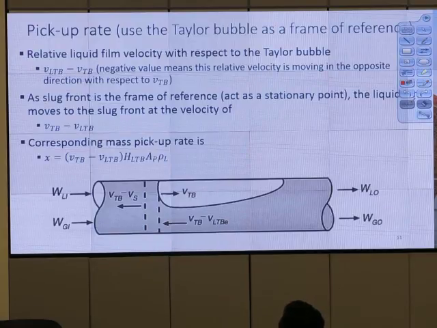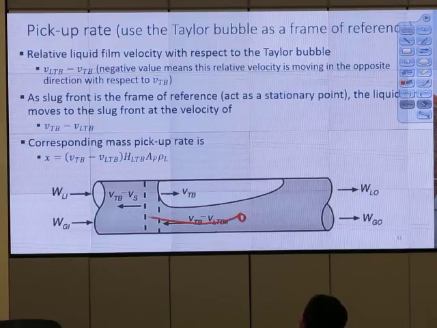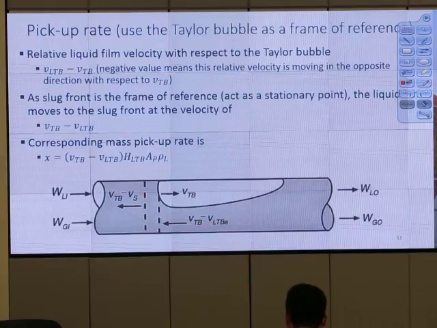All right. We move at the speed of the Taylor bubble. When we move at the speed of the Taylor bubble, we will see fluid particles inside the film move backward, right? Correct? We will see gas particles inside the gas pocket move backward too.